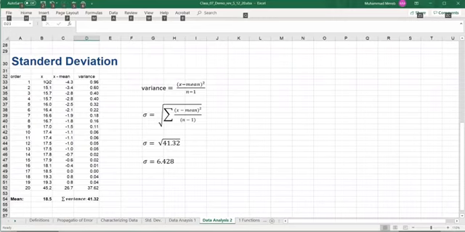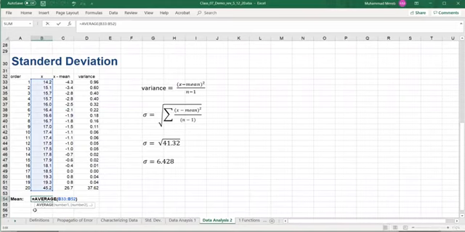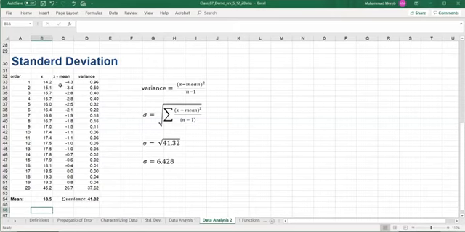We could do that manually, just adding them and dividing by their number, or we just use the average function, which is easier: just average and highlight all the data points. So that's your average. And then we make a column here, X, which is each data point minus the mean. So this is kind of the way to do it.